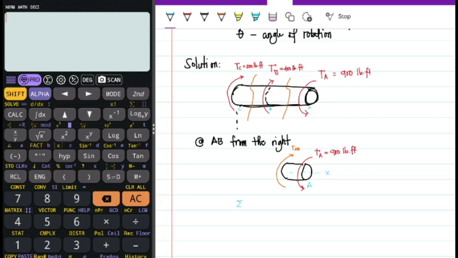If we do moment summation along the x-axis equal to 0 to maintain equilibrium, therefore T sub AB is equal to the value of T sub A, and T sub AB is equal to 900 pound-feet.